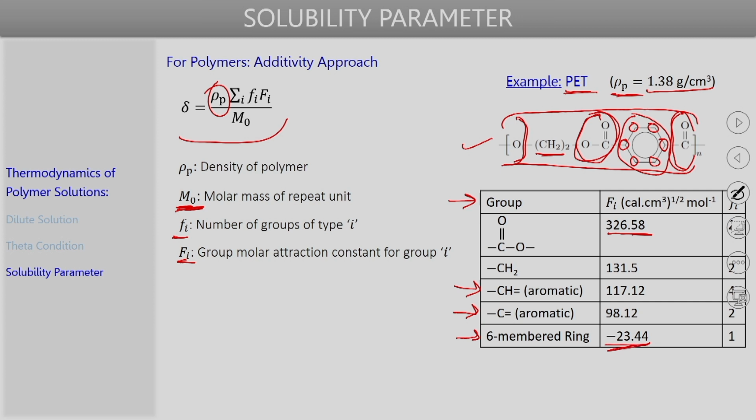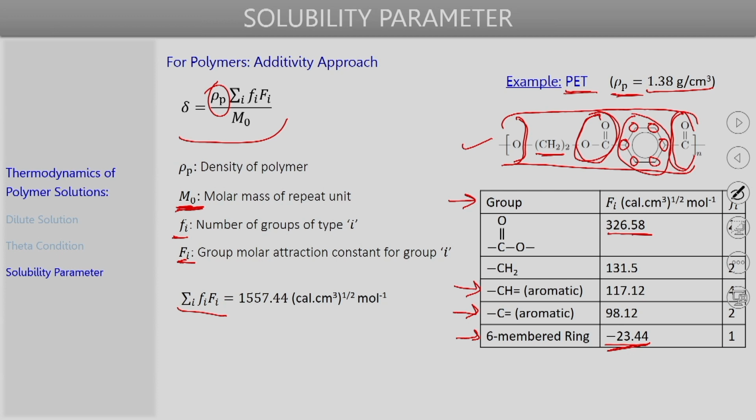Now that we have all these values of capital Fi and small Fi, we can carry out this summation. In each case, multiply the number of groups present times the group molar attraction constant for that group, and take the sum for all the groups present.